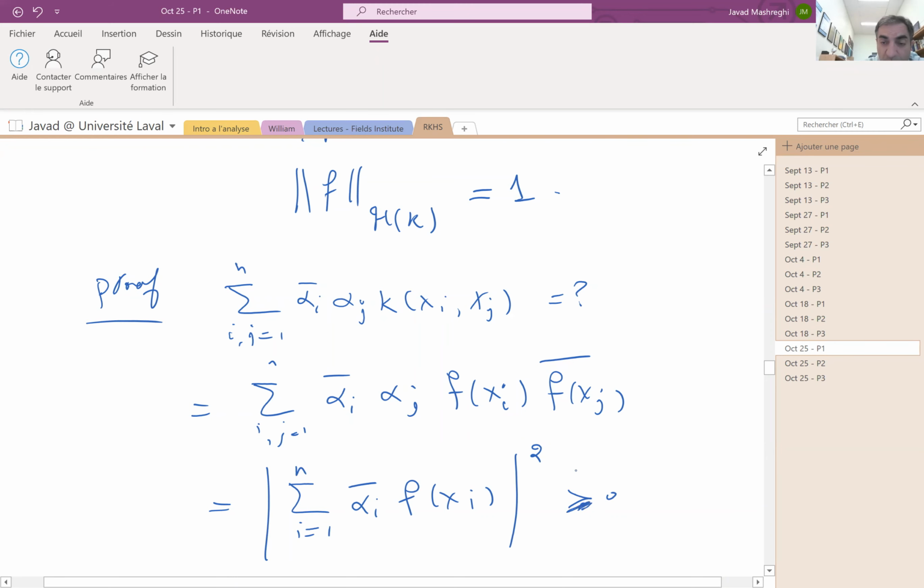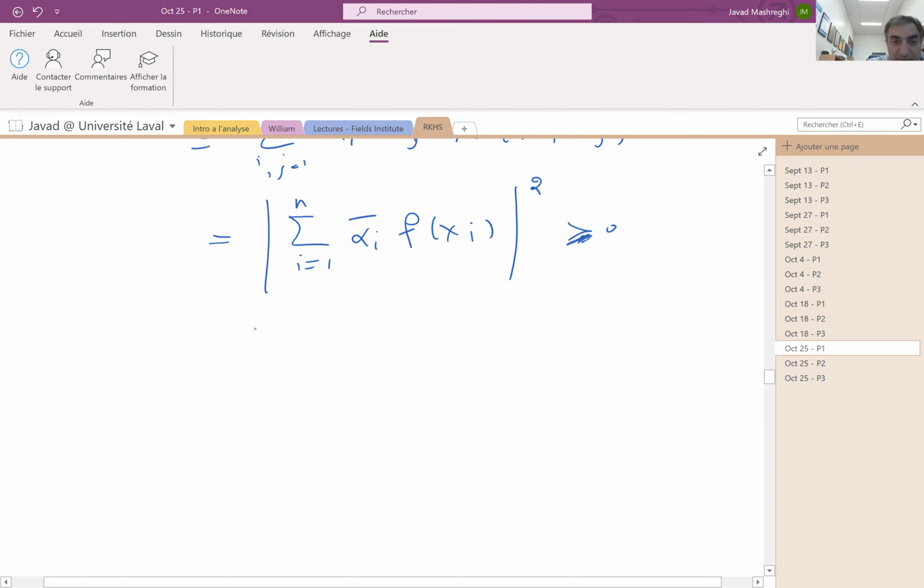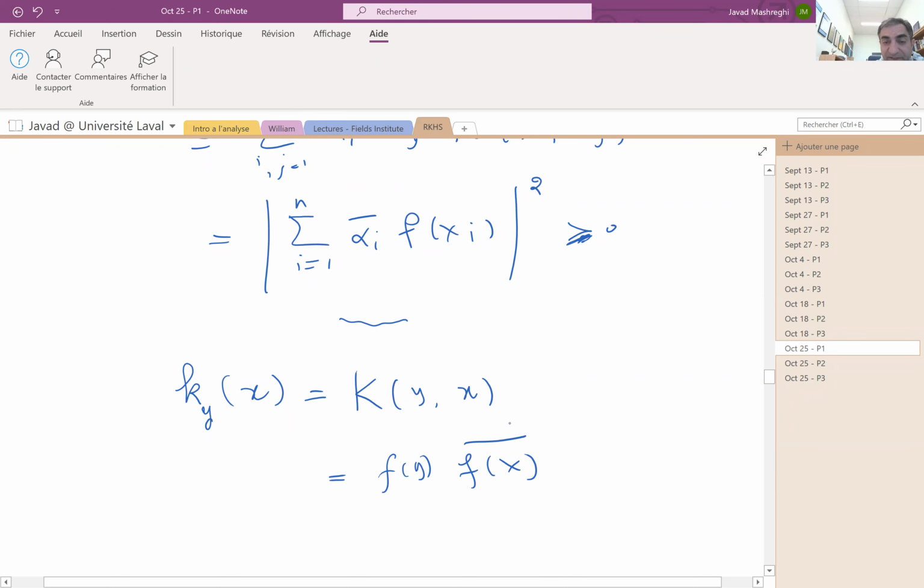And what is the little k here? Little k at point y, k_y, by definition is k(y, x), which is equal to f(y) bar f(x), by definition.